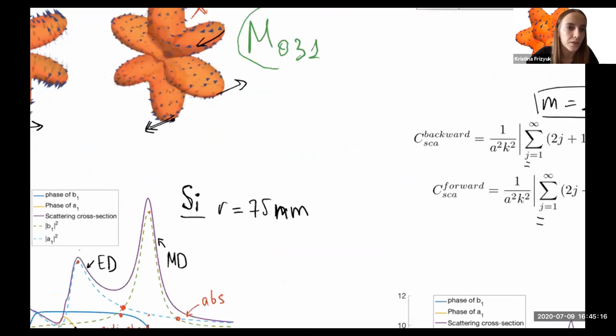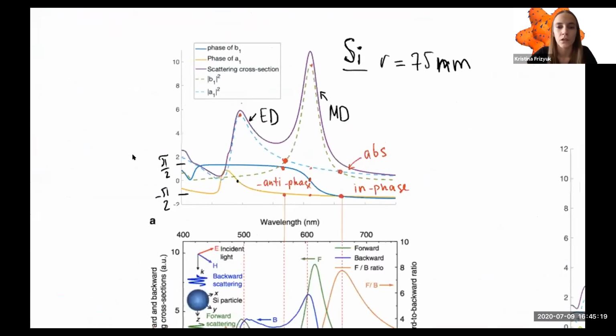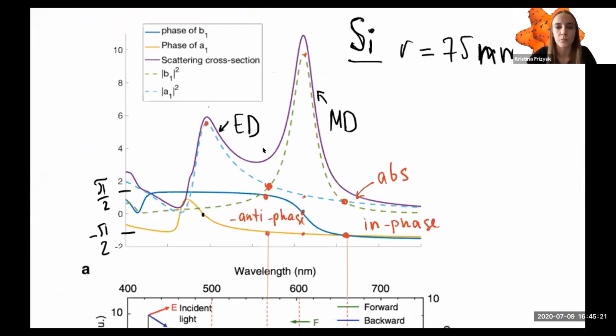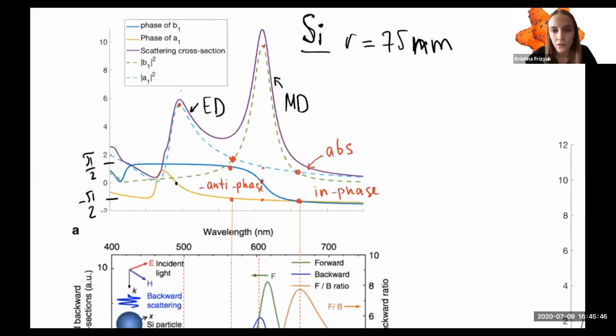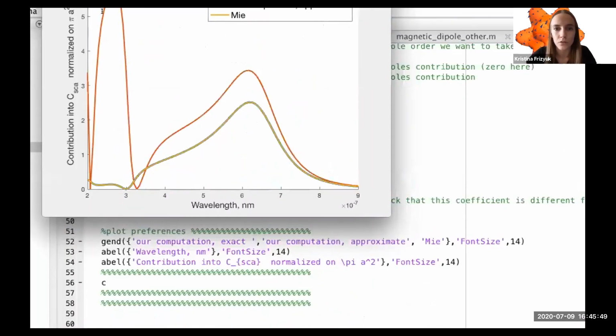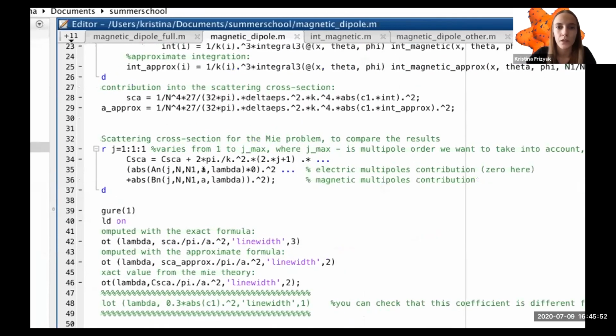How was the mode decomposition obtained in the last example? If you mean this example, it's just the same Mie calculator as given on our site. You can obtain the same picture, and the phases I computed myself, but you can build them, because you have these coefficients here in the code for the magnetic dipole.